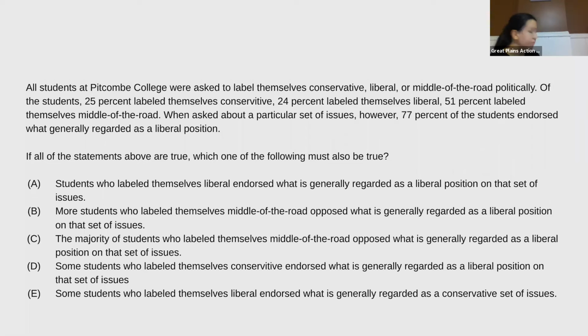25% of the students are conservative, 24% liberal, 51% middle of the road. And then we have 77% who endorse a liberal position.